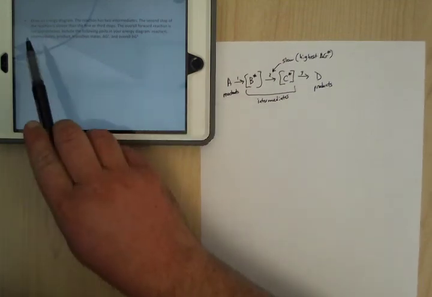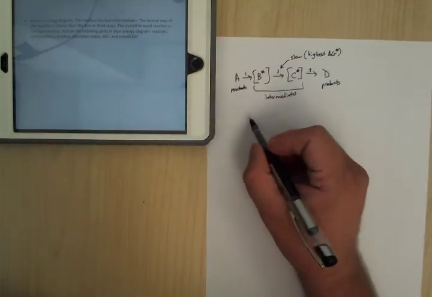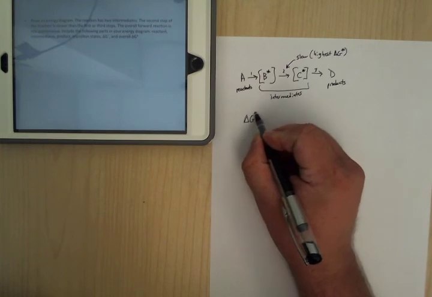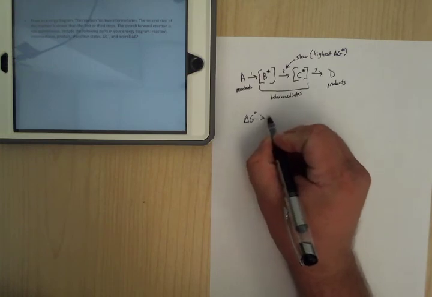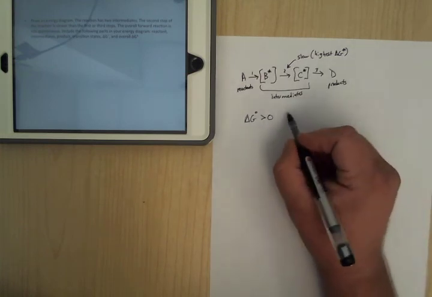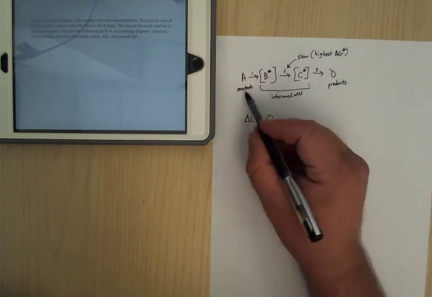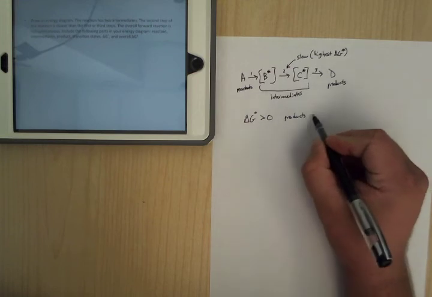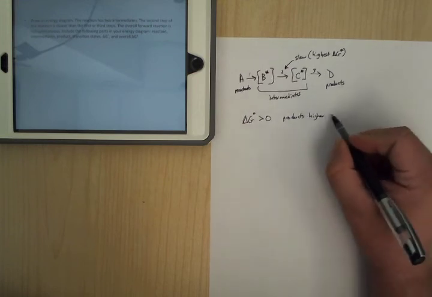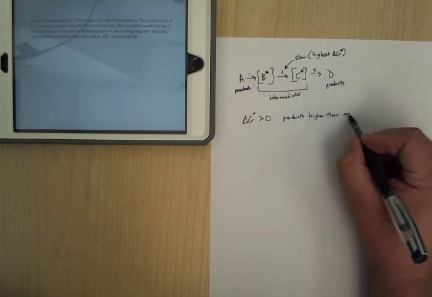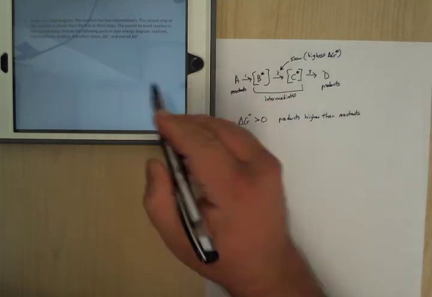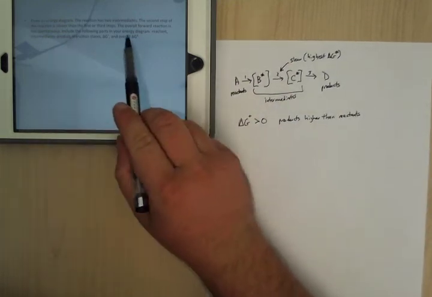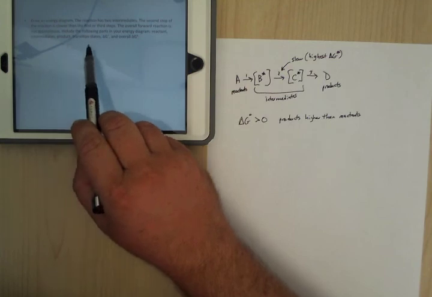The overall reaction is not spontaneous. What does that mean? That means delta G0 is greater than 0, so the products are higher than the reactants. Include the following parts: reactant, intermediates, products, transition states.